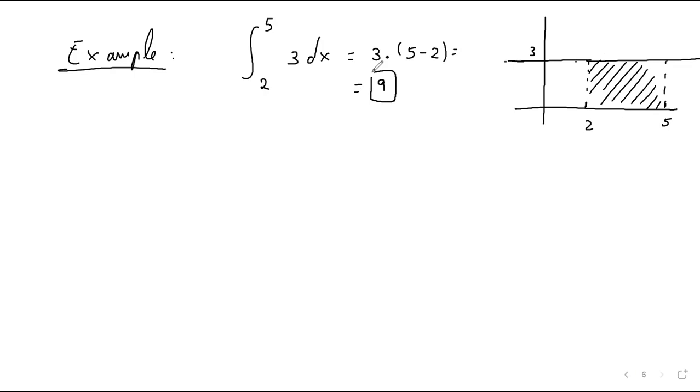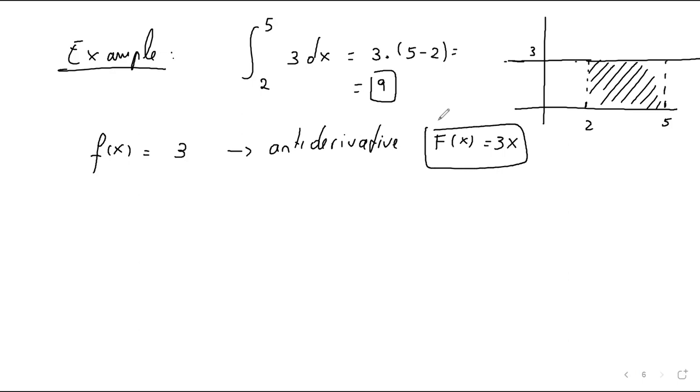Like in the previous problem, there's somehow an accident here, so I didn't intentionally do that. But you can do this with the fundamental theorem of calculus. If you remember that the function f of x equals 3 has an antiderivative, let's call it capital F of x, and that's simply 3x. This is the antiderivative.